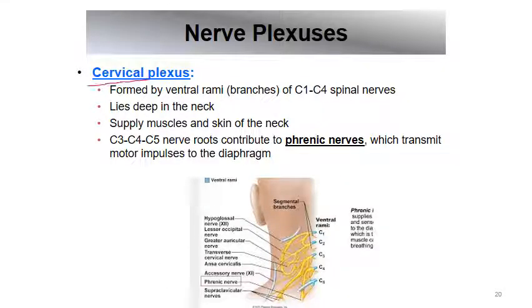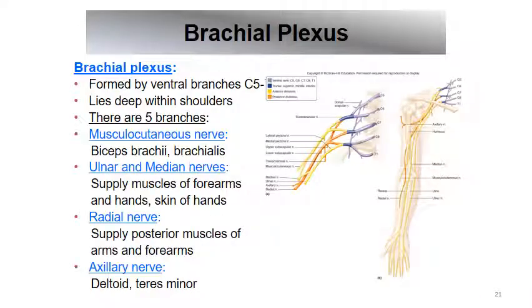The cervical plexus just means the nerves in the neck region, the cervical region. You don't have to memorize these numbers, but one thing that I want you to know, coming out of the cervical region is the phrenic nerves, and know that the phrenic nerves activate the diaphragm. Brachial plexus, these are the nerves that go to our arm.